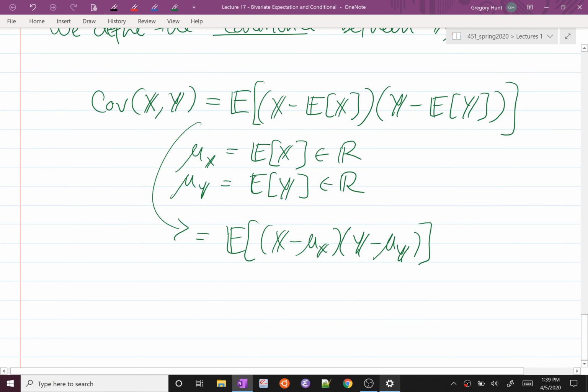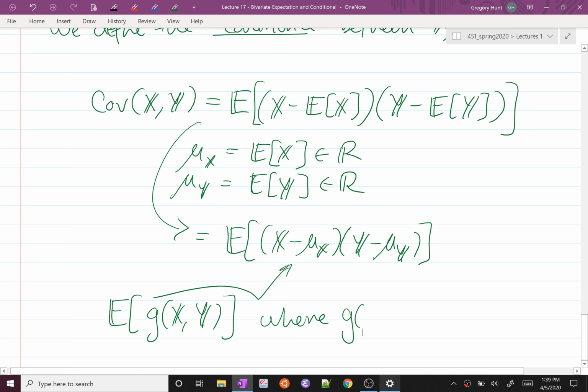And we know how to calculate this now, actually, because this is a certain function. We could say this is the expected value of g of x comma y. It's a bivariate, or two-variable, function where g of x comma y is x minus mu x times y minus mu y.